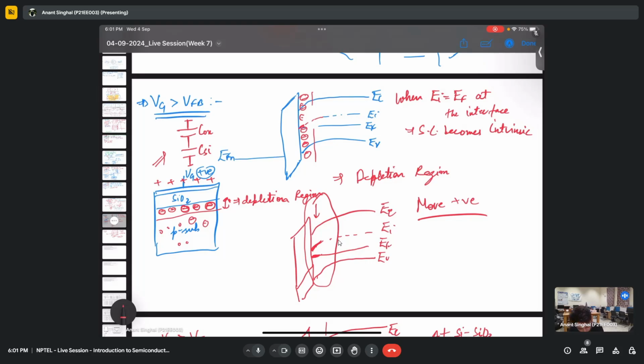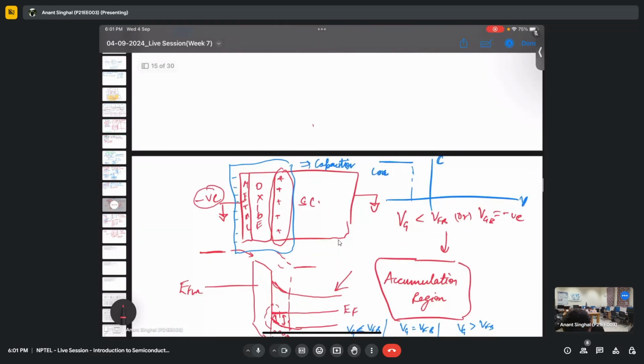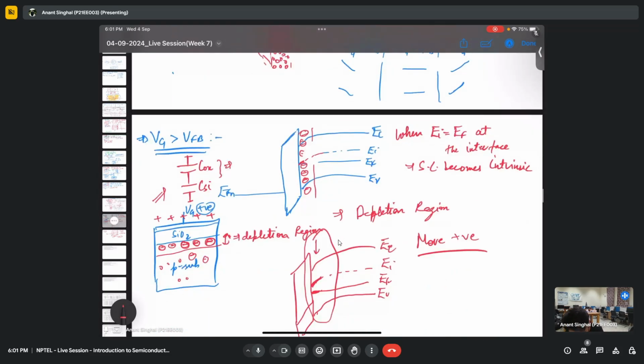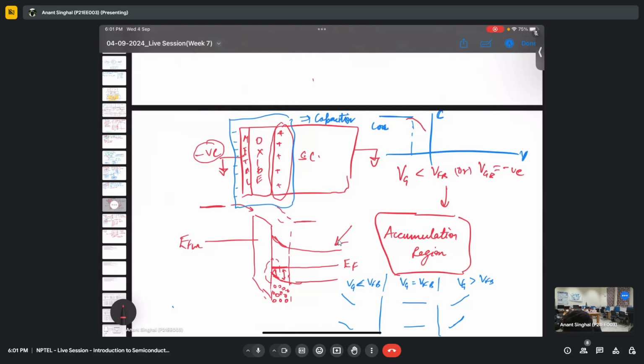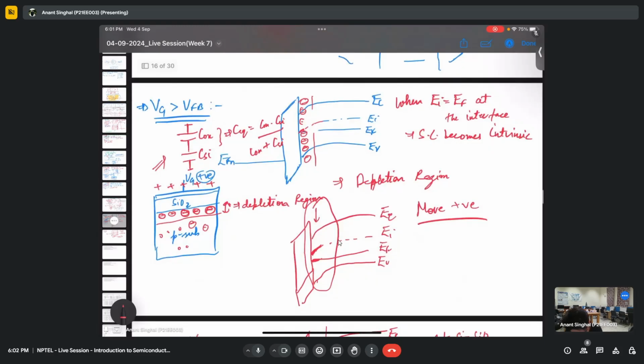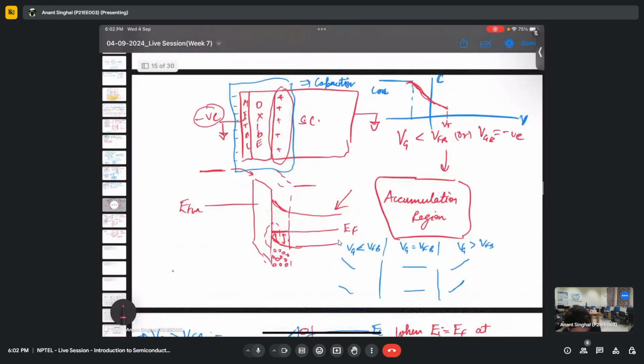Yeah, so in this particular diagram, the series combination of two capacitances, I hope you know that C equivalent will be Cox times CSi by Cox plus CSi. So what happens in the depletion region, it basically starts to decrease. This will happen till a certain voltage when we have got the complete inversion. So does it make sense? The decrease, further depletion. I'll explain the inversion also now. Does it make sense till this particular voltage?